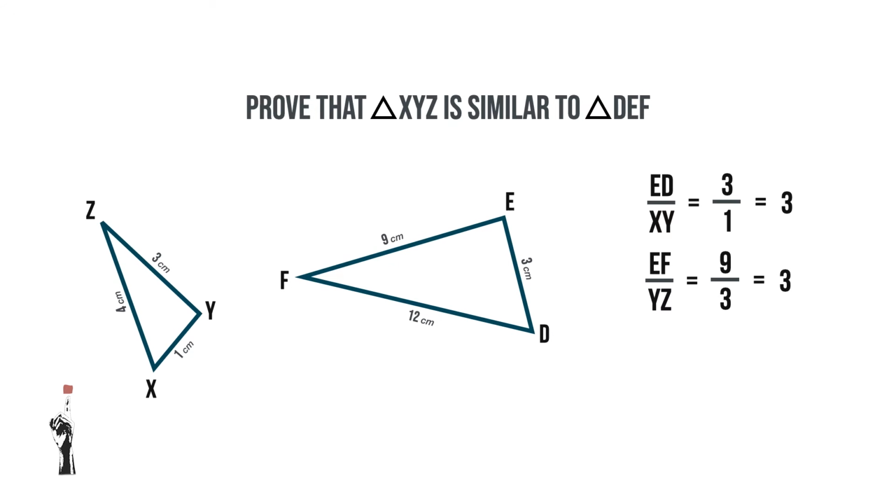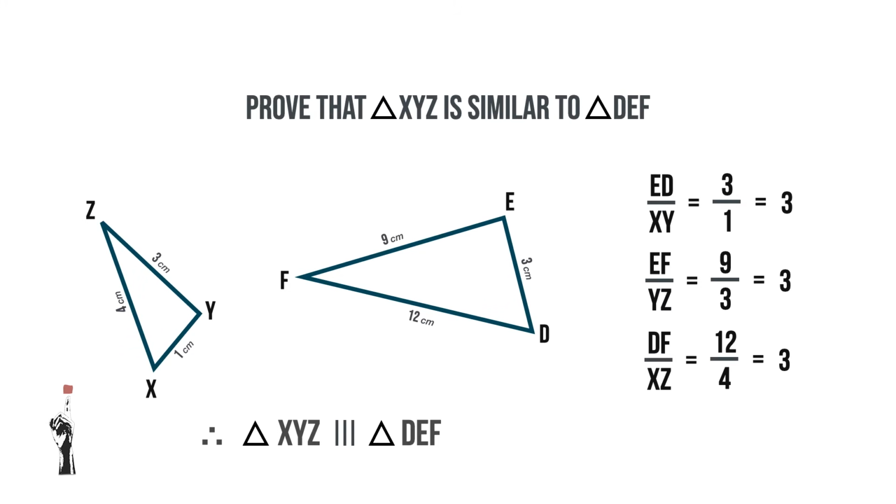Lastly, I can say that side DF over XZ is equal to 12 over 4, which is also equal to 3. Since all three of my ratios are the same, I can say that triangle XYZ is similar to triangle DEF, with my reason corresponding sides are in proportion.